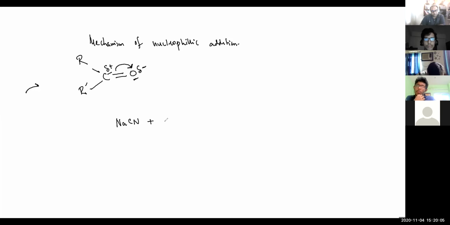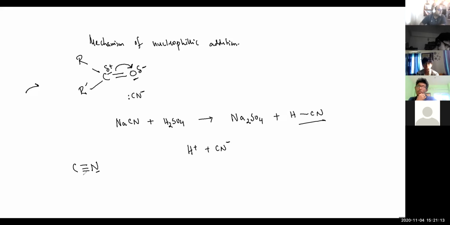This HCN breaks down into H plus and CN minus. So this CN minus, I told you once that now the carbon has two extra electrons. How? We know that carbon has 4 electrons and it has a triple bond with nitrogen. So how many electrons does it still have left? 1.